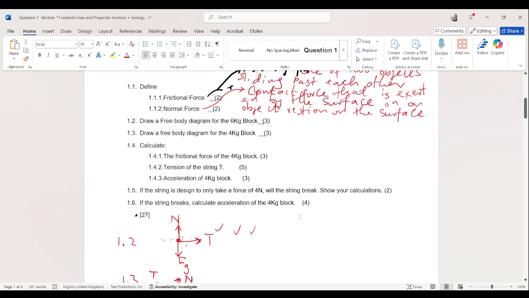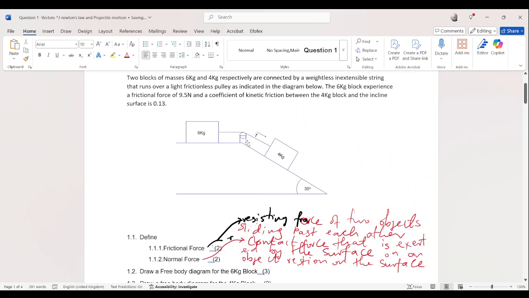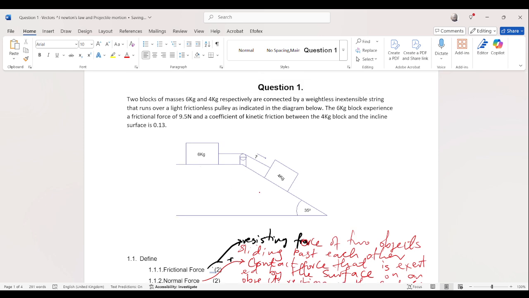Now, there are keywords that you have to keep in mind. The keywords like frictionless pulley. A frictionless pulley suggests that the tension on this rope will flow to this side as well, because the two pieces of rope are separated by a frictionless pulley.